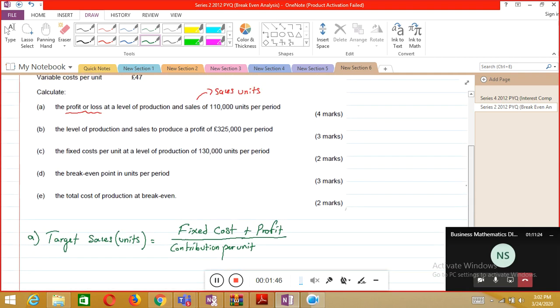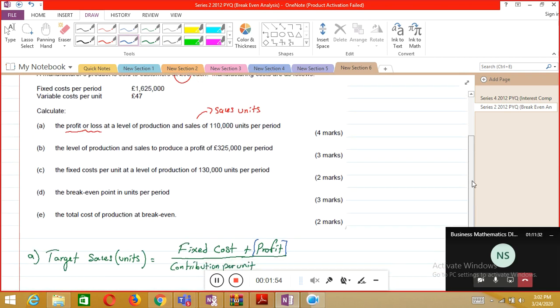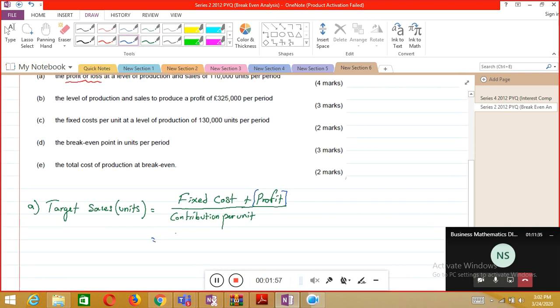So we need to find this answer now. We want to find a profit. So fixed cost given is 1625 million plus profit.